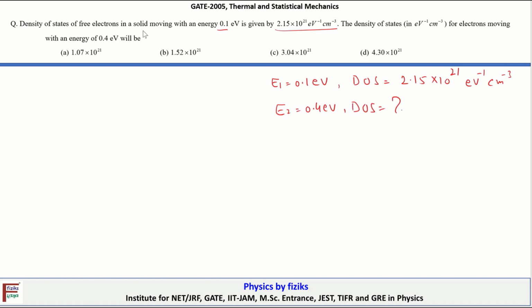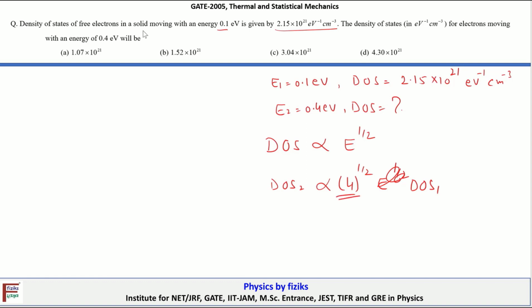For a three-dimensional system, we know that the density of states is proportional to E power 1 by 2. In the second case, the energy has increased by a factor of 4. So the density of states in the second case will be connected with the density of states in the first case by a factor of 4 power 1 by 2, times the initial density of states, density of states 1.